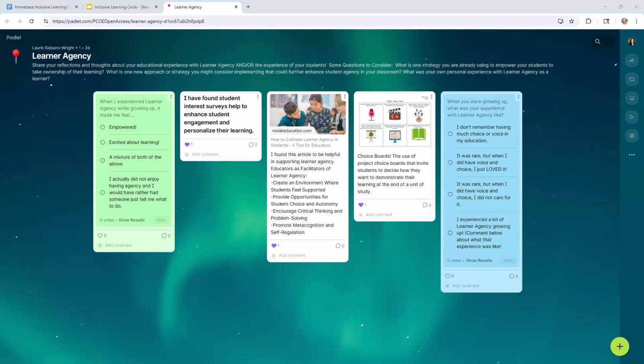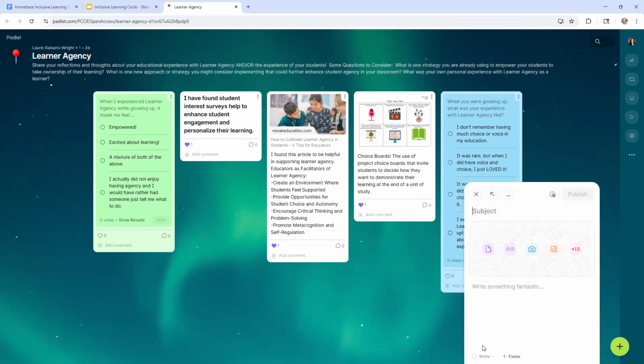So we have a Padlet here. We have created, or there are some things in here already that you can react to, you can make comments on, or you can create your own Padlet submission as well. For those of you who have never used Padlet before, down below here is this plus button. And if you want, you can create a colored post-it note.